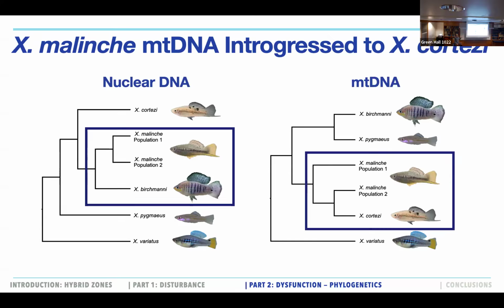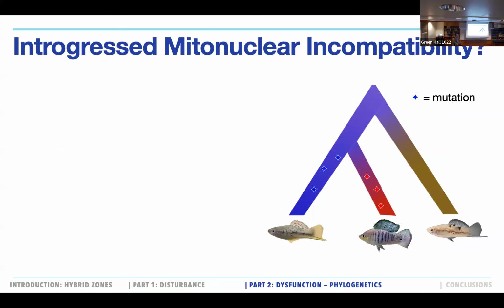And their mitochondrial DNA is so similar that incomplete lineage sorting is not an explanation here, and it's almost certainly a case of recent introgression between Malinche and Cortezi that replaced one of the mitochondria in one direction or the other. And so this raises the really cool idea where we might have an incompatibility that actually moved between species based on prior hybridization, which is a little bit counterintuitive until you think that just because one pair of genes is incompatible tells you nothing about whether it's incompatible with a different allele of that gene.